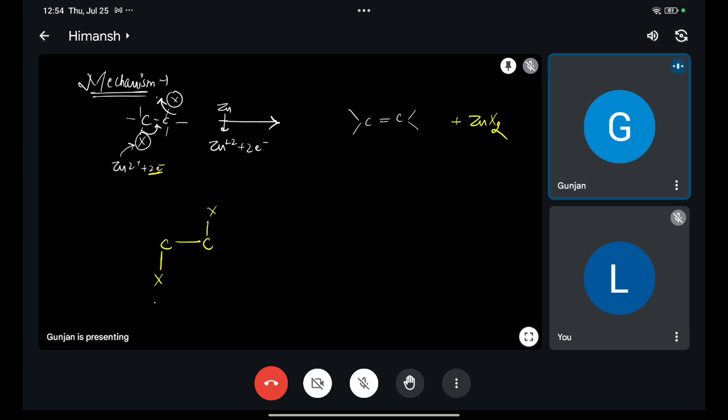Like this, here carbon and halogen bonds break. Carbon is getting that electron, so carbon gets a negative charge and halogen gets a positive charge. That positive halogen is taking two electrons now. When one electron is taken, it becomes neutral. When two electrons are taken, it becomes a negative charge.